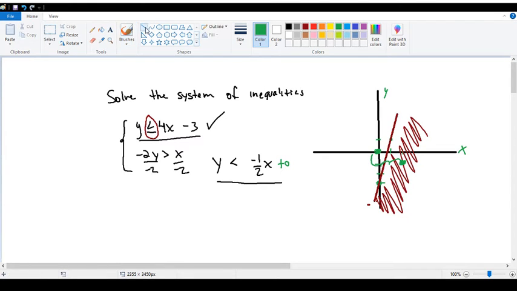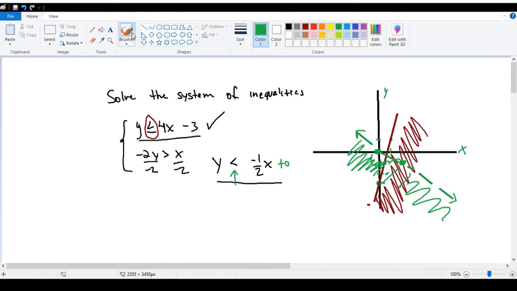So we have a line that we know has to be dotted. Alright, so let's make this line dotted. It's a dotted line, and we know we have to shade below. See this right here? Less than, so we have to shade below.